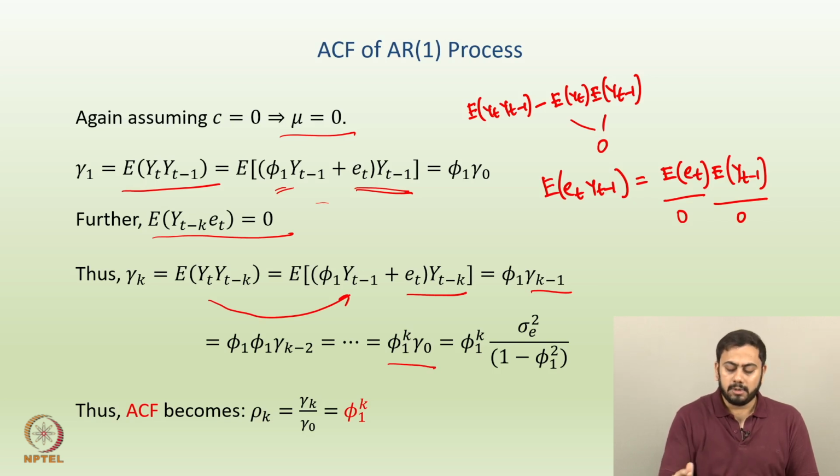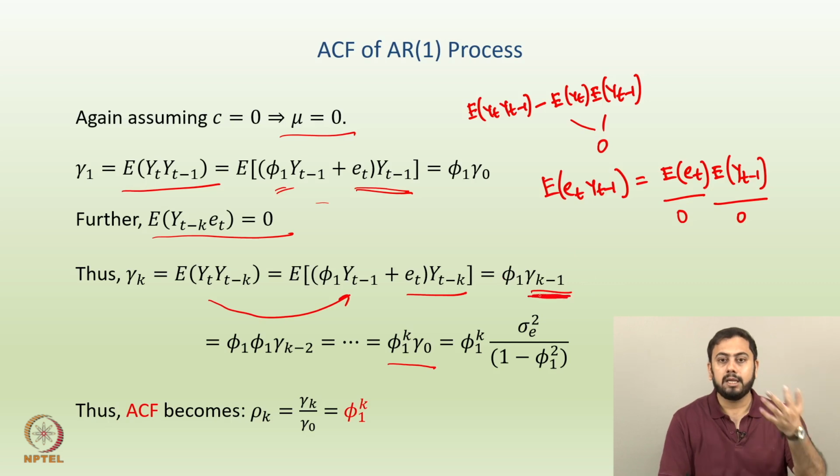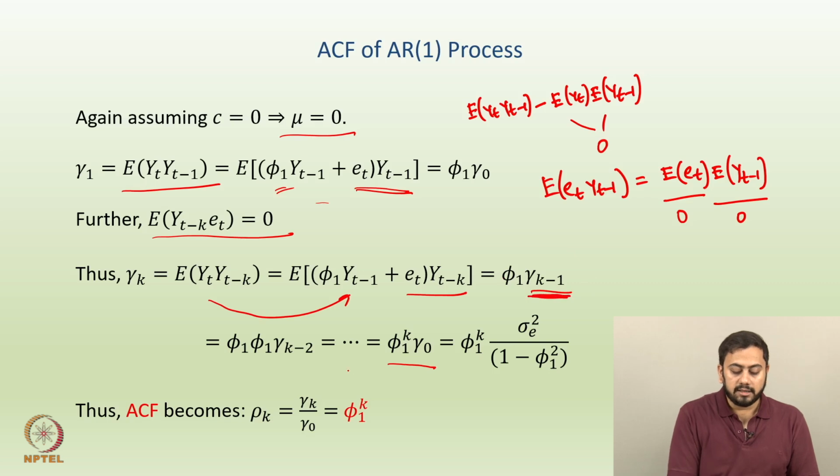Alright. If you are not very confident, the small suggestion is you can try this out. The next thing you have to do is write down a similar function for gamma k minus 1, gamma k minus 2, gamma k minus 3, etc., until you get this recursive kind of structure. Essentially this is phi 1 to the k, and now I can replace gamma 0.